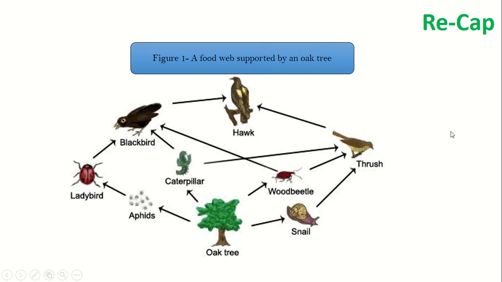The better term, or the term when we're seeing these interactions, is an ecosystem. So this might be showing a small park or small forest ecosystem, but the food web itself shows the flow of energy.